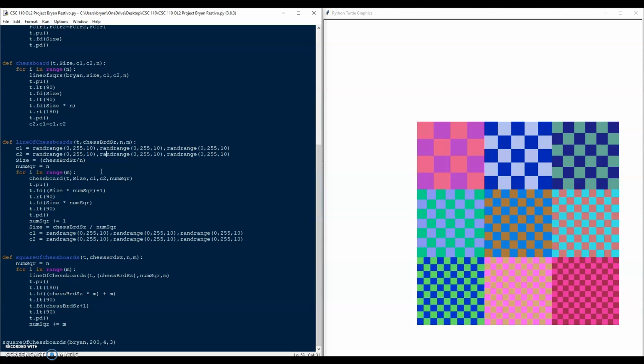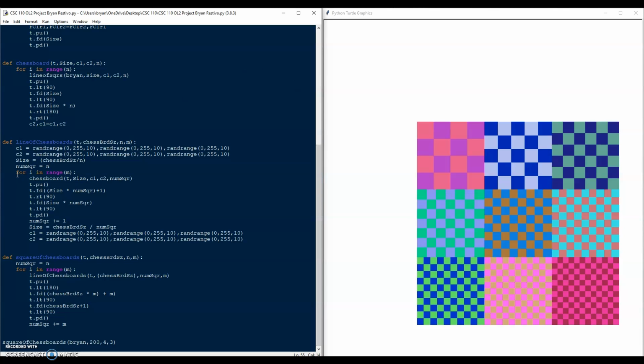Thank you. And then I have the number of squares and the size of the squares set as variables here, where size is assigned the chessboard size times the number of squares, and then the number of squares equals n, and I'm doing that for counting purposes.